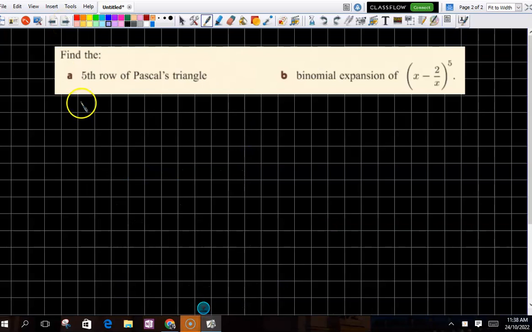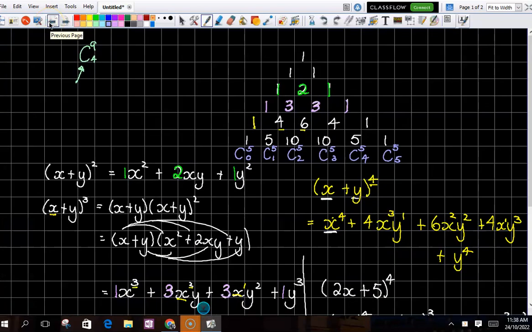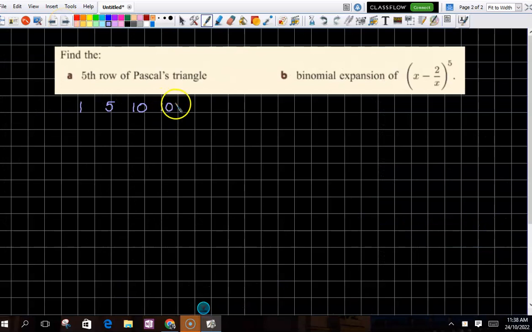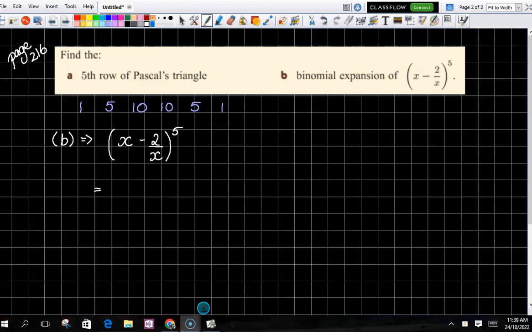So is everyone happy that it was 1, 5, 10, 10, 5? I just have to check. Yeah, 10, 5, 1. Should know that. So they said, let us do this, but I'm just doing it with you now. All right, so this is our first term, right?